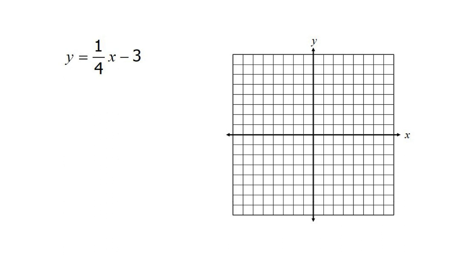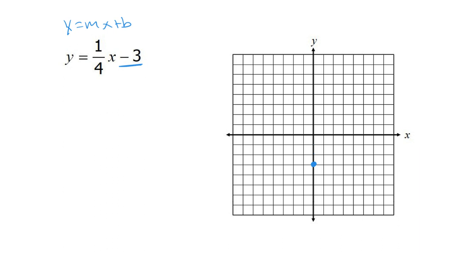Okay, looking at this equation now. So again, I know that y equals mx plus b, but I have minus 3. So minus 3 means my y-intercept is going to be at negative 3. So if my y-intercept is at negative 3, I can look at my slope, and it is 1 over 4.